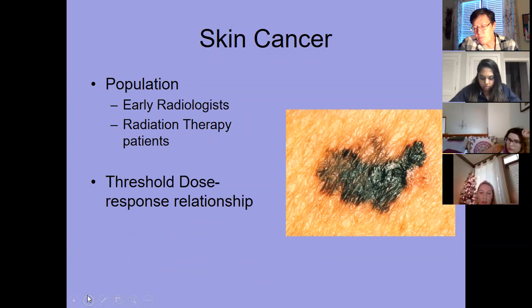Oftentimes the radiation exposure would cause radiodermatitis initially, and then in later years, skin cancer would develop. So the latent period was typically 5 to 10 years. And this is the one type of cancer that has a threshold dose-response relationship.